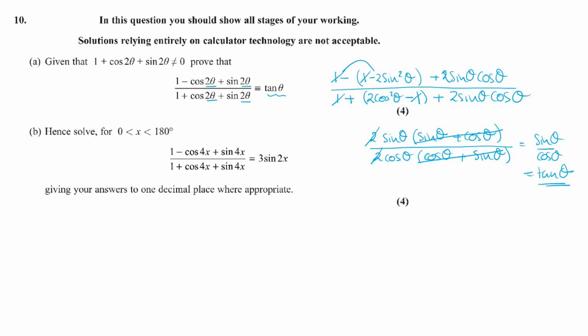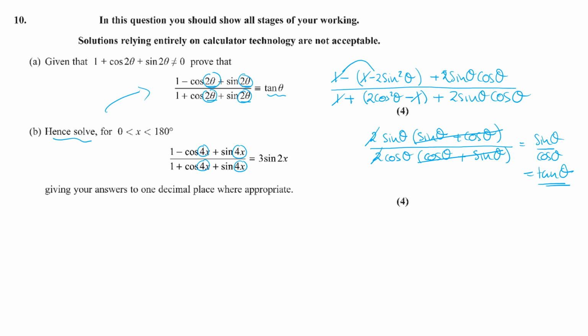So we've done it. Now notice in the next question it's hence solve, so that means we must use what we've just found in part A, and we can see that it's something very similar to what we've been dealing with in part A, but these 2's are all just replaced with the 4's.